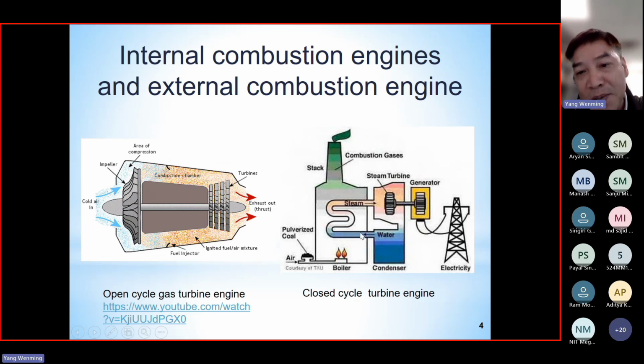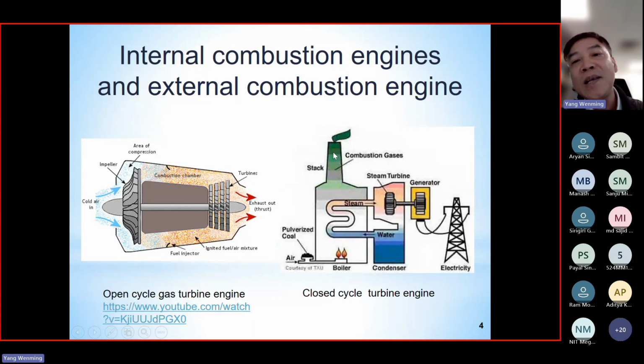However, in this case, the fuel is burnt in this furnace, and the combustion products, after transferring the heat to the water, to the steam, the exhaust gas will be discharged from here.